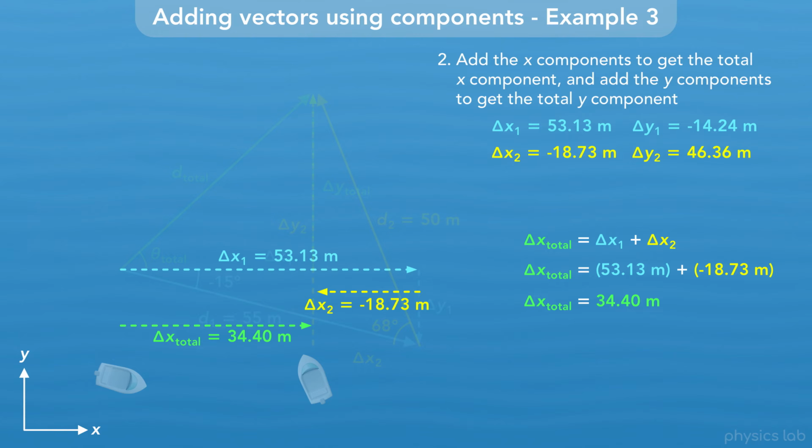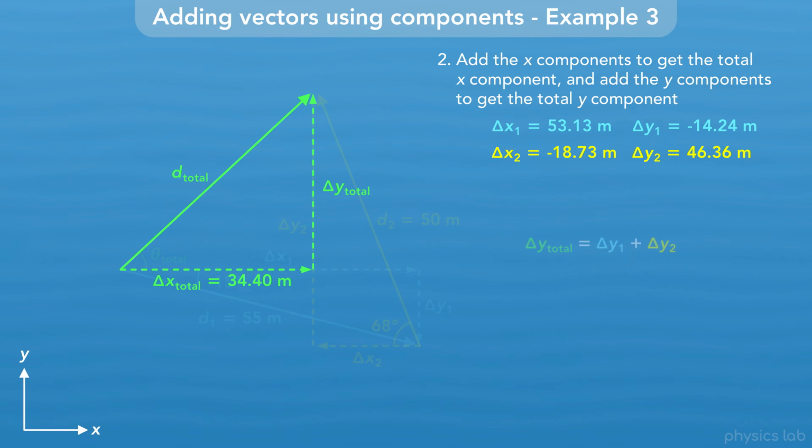So the overall displacement is 34.4 meters to the right. This is why we needed to keep track of negative components, so the directions add together correctly. Drawing the vectors and components can help us see what's going on, but the numbers take care of things for us. We ended up with a positive 34.4 meters for delta x total, which is the correct value and direction.